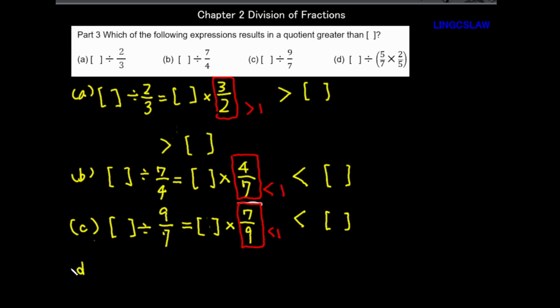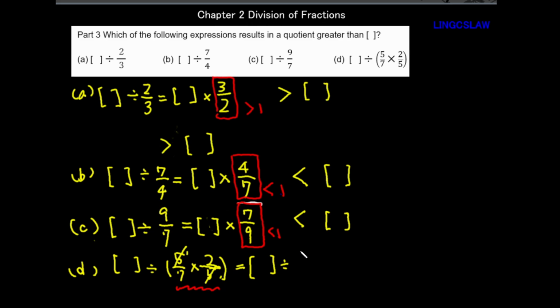And D. Something divided by 5 over 7 times 2 over 5 equals something divided by... now let's calculate this part. So reduce to 1.